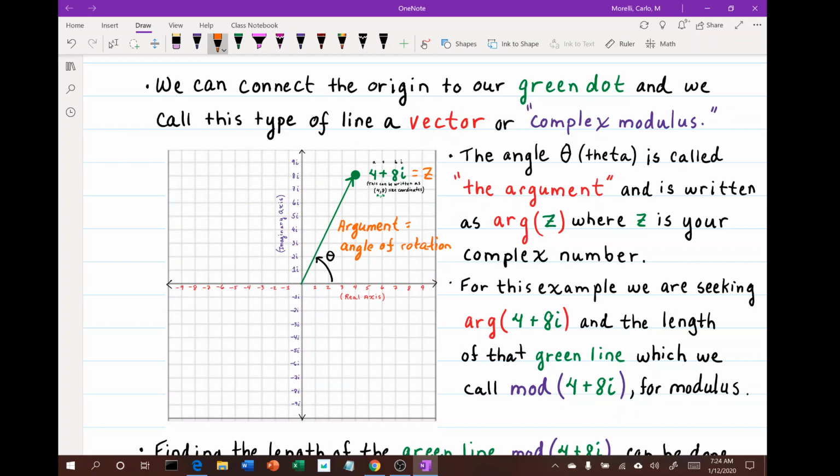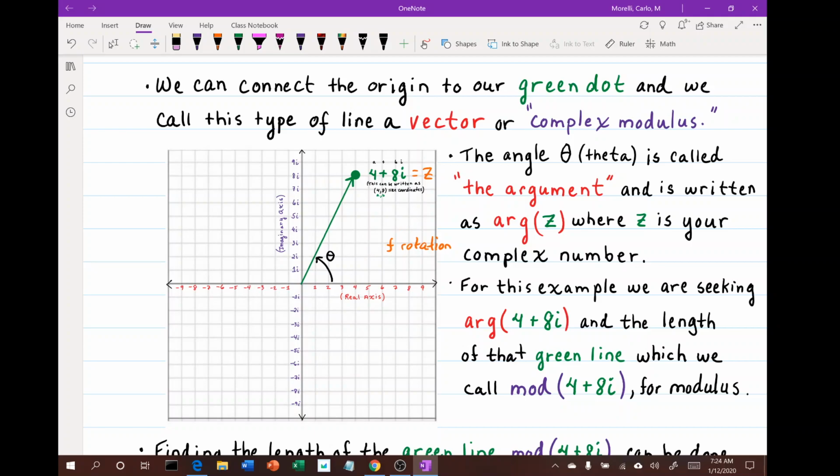And instead of saying hypotenuse or vector, we're going to say modulus. So these are just new terms for stuff we have already been working with. The hypotenuse, or this green line right here, or this vector, is called the modulus. This angle of rotation is called the argument.